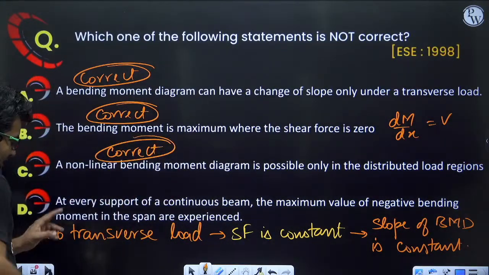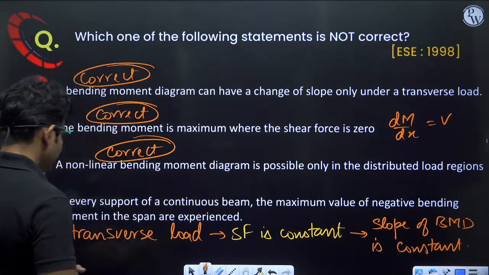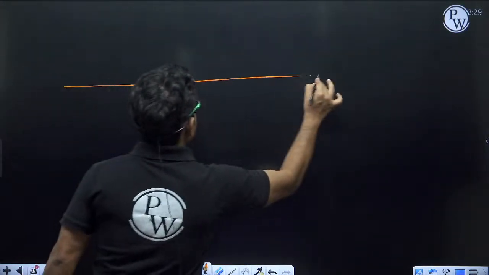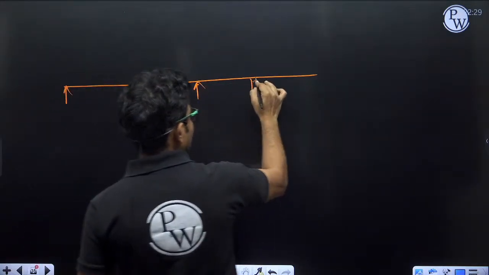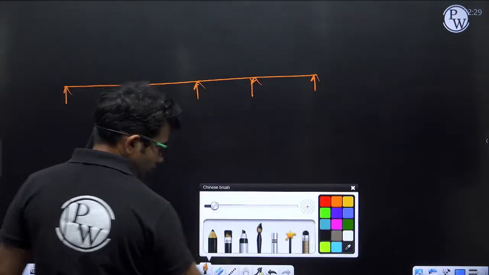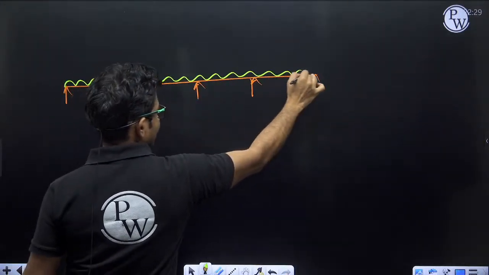Okay. At every support of a continuous beam, the maximum value of negative bending moment in the span is experienced. So, just take for example a continuous beam like this, and this is my loading.